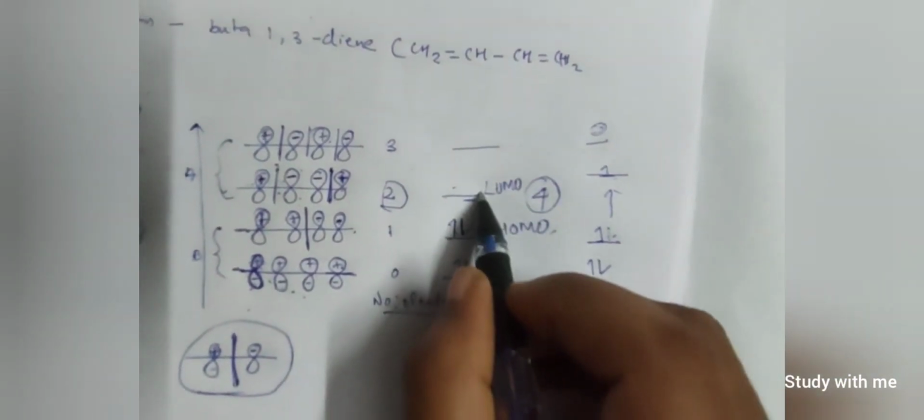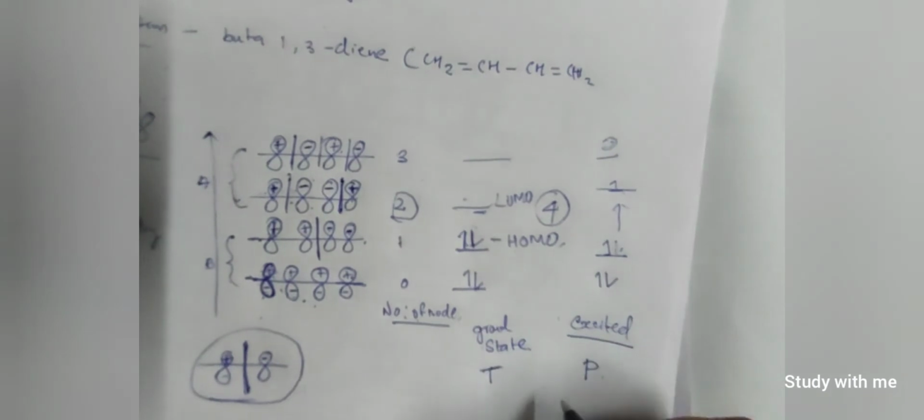The first one will have 2 electrons. The second one will have only 1 electron, because if it has 2 electrons, the second one will be excited to the third MO. So the third will have an electron, fourth will not have an electron. So this electron is excited to the third one, that is the excited state.